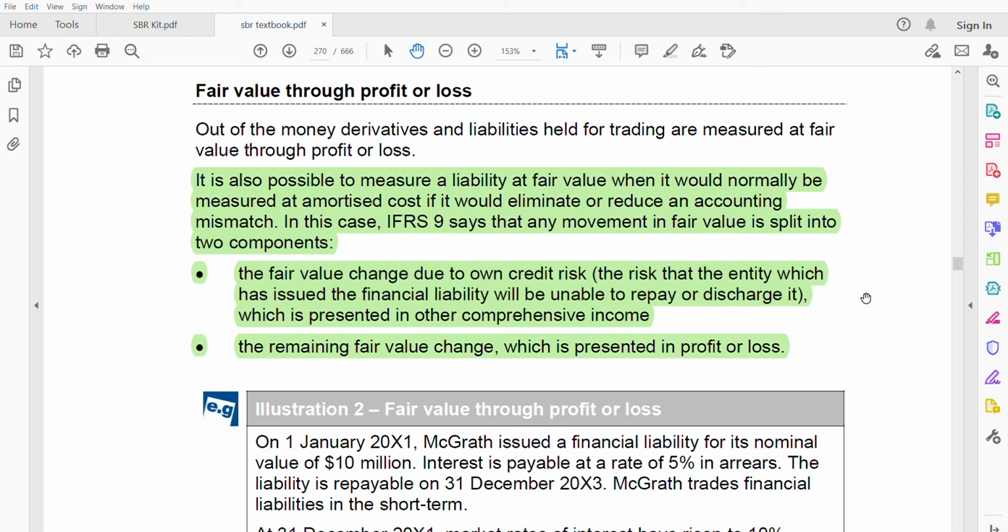If the fair value changes due to your own credit risk, that change will go to OCI. Let's say 10 million is your fair value. Out of 10 million, 5 million is because you are unable to pay. So that 5 million will go to OCI, and the balance 5 million will go to profit and loss account. You understand?